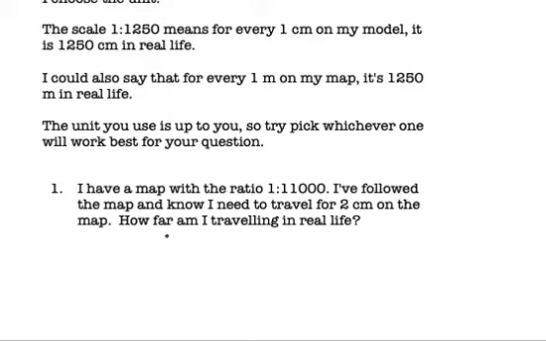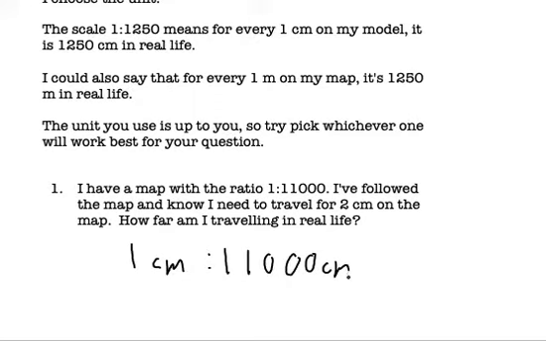Okay, so how far am I traveling in real life? So we're starting off with this ratio. It says that on my map we're measuring in centimeters, so I'm going to use centimeters as my unit. So for every 1 centimeter, I have 11,000 centimeters.